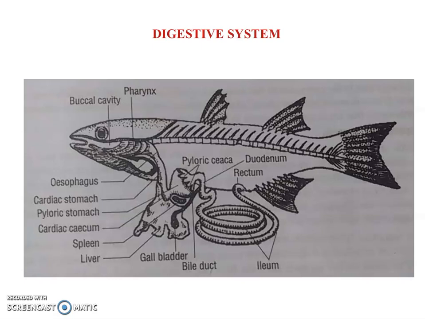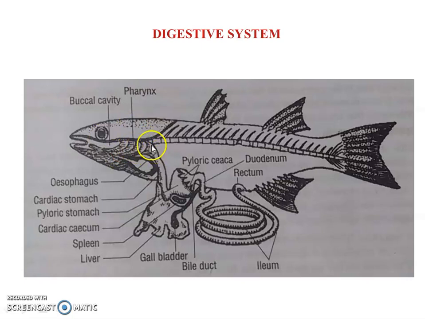You know that when fishes take in food, water also gets inside. So mud attached to the food is strained out with the help of this filtering apparatus, which is formed from the pharyngeal teeth present at the junction of the pharynx and the esophagus.